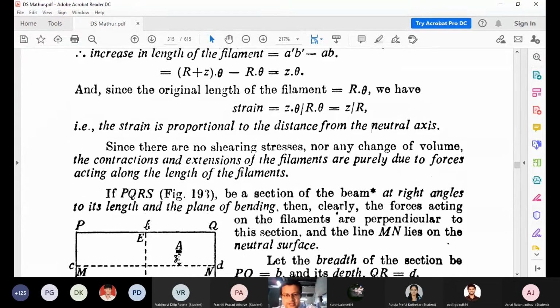So since there are no shearing stresses, remember here there are no shearing stresses, there will be no change in volume, no change in shape and size of the body. So contractions and extensions of the filaments are purely due to the forces acting along the length of the filament. Whatever forces you apply over here act along the length of the filaments, and that is not changing the size and shape, or any volume of such a body.